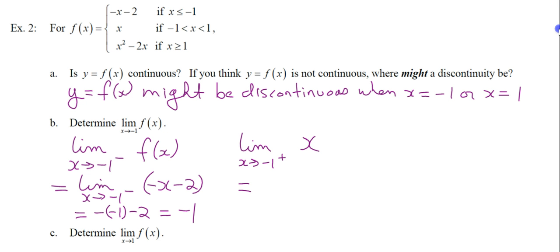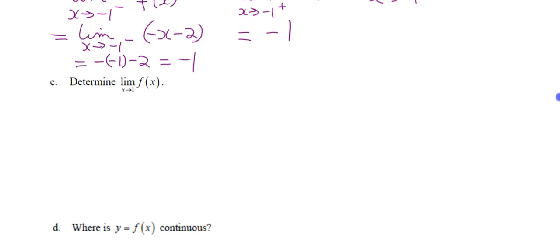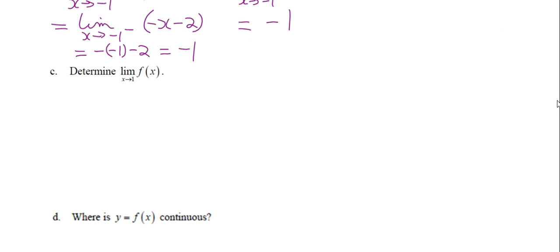And what's that going to be equal to? Put -1 in there. -1. So what do we say about the limit as x approaches -1 of f of x? It is equal to -1. And now, same thing with 1.